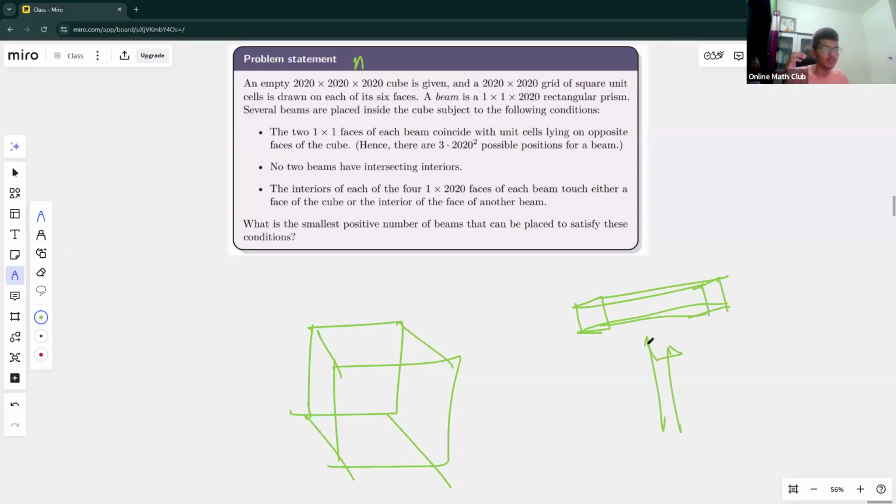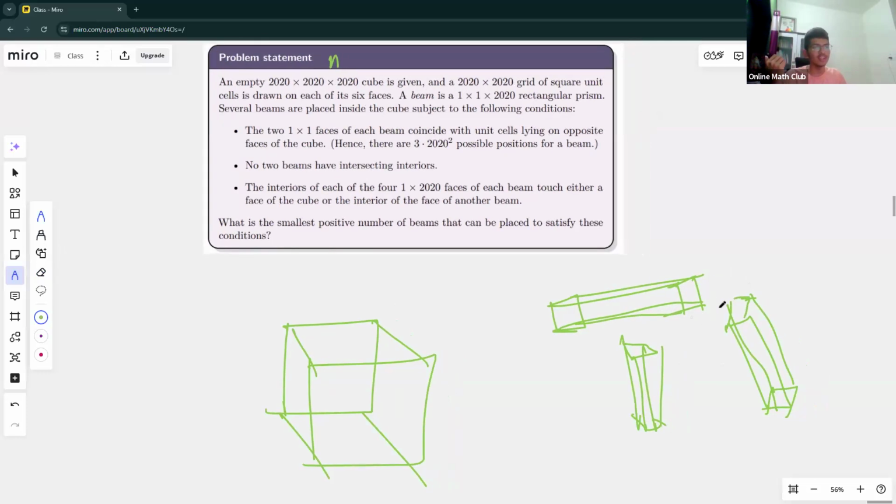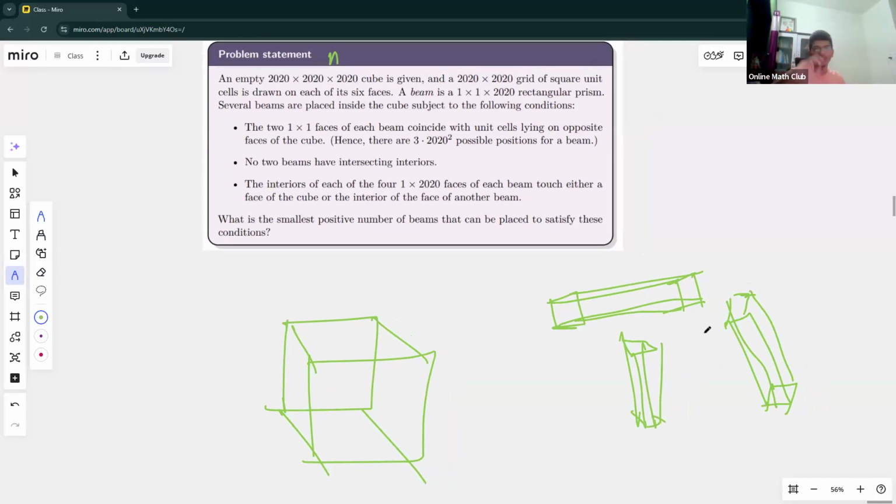You can consider this type also in 3 dimensions. These are the only 3 types of orientation of one in the 3D world. I hope everyone is living in the 3D world, no one is 4D. And inside a beam, now we will place them.